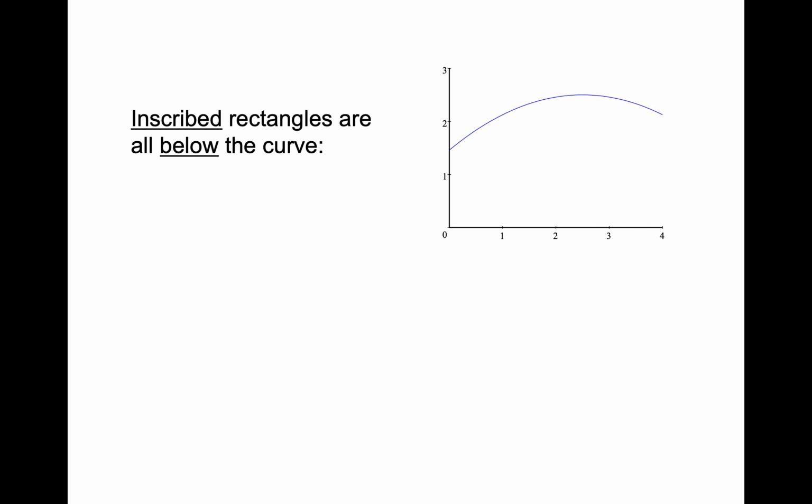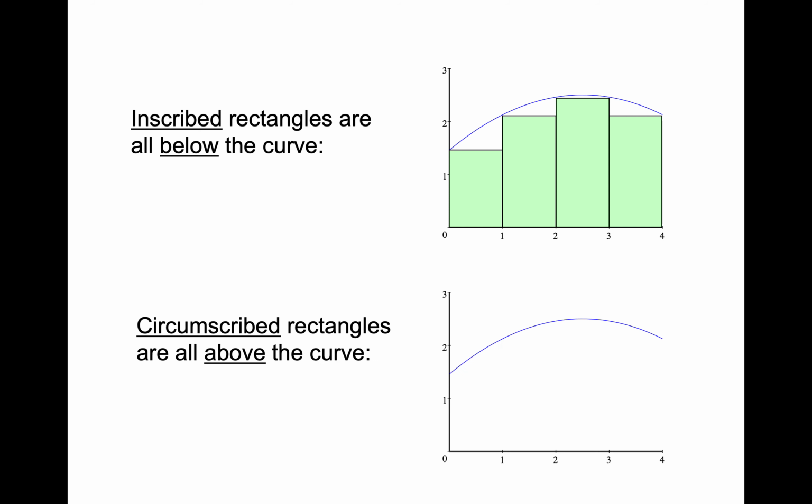Just a little definition, inscribed rectangles, what that means is the rectangles are all below the curve. So if it's inscribed, they're all below the curve. If it is circumscribed, that means they're all above the curve. Now, for this particular example, the inscribed is left endpoint.